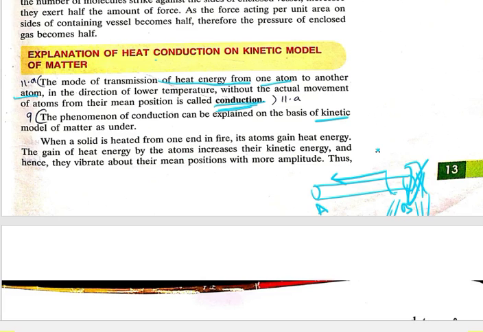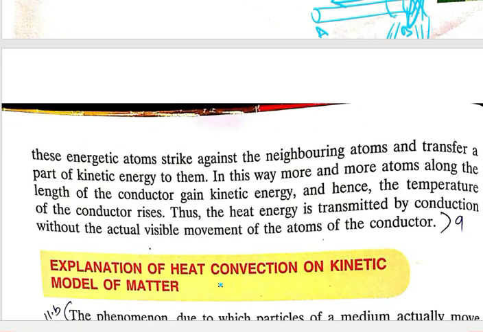With the increase in temperature, kinetic energy also increases, and hence they vibrate about their mean position with more amplitude. The energetic atom strikes against the neighboring atom and transfers a part of its kinetic energy to it. Some amount of kinetic energy is transferred from one atom to another atom.